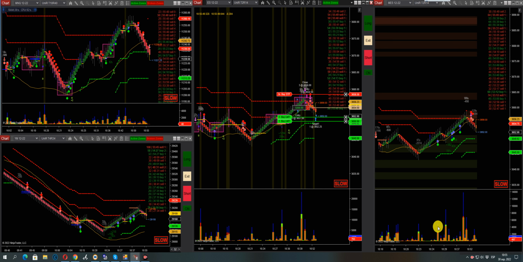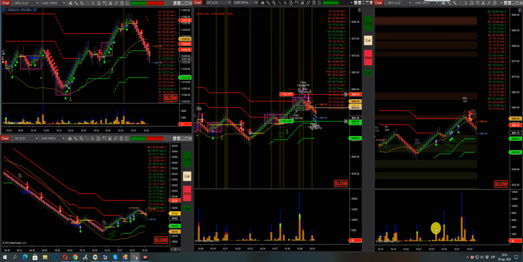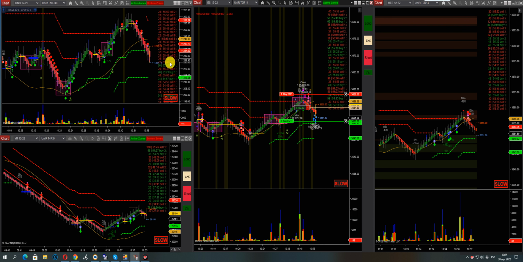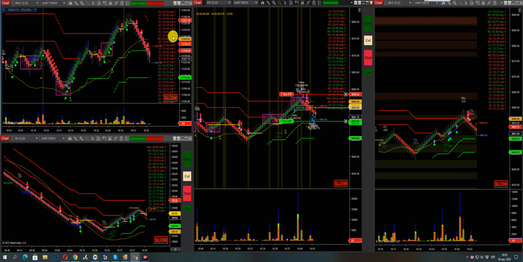Target filled. Short signal in Q. Now we see the sellers in the Nasdaq. We see 9 prints in the same second. We got the first 2 targets hit. Now we're getting the third target.